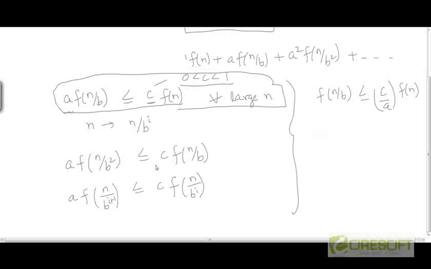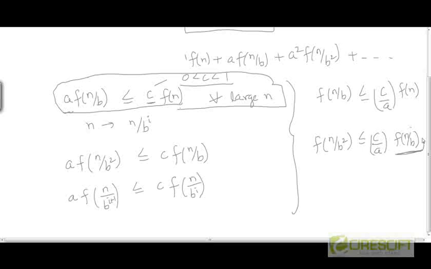Now from this second inequality we get f of n by b square is less than or equal to c by a times f of n by b. But we know that f of n by b in turn is less than or equal to c by a times f of n.